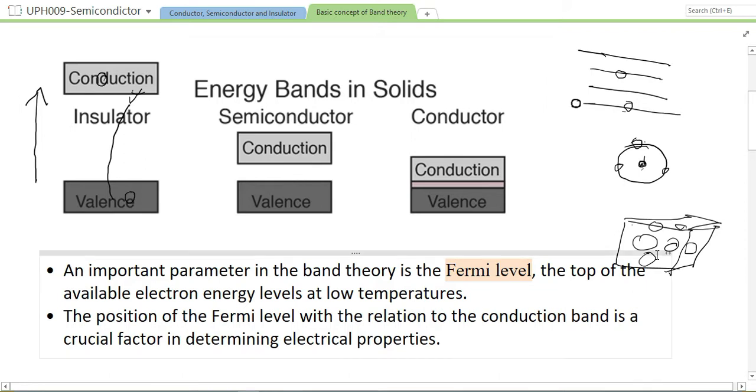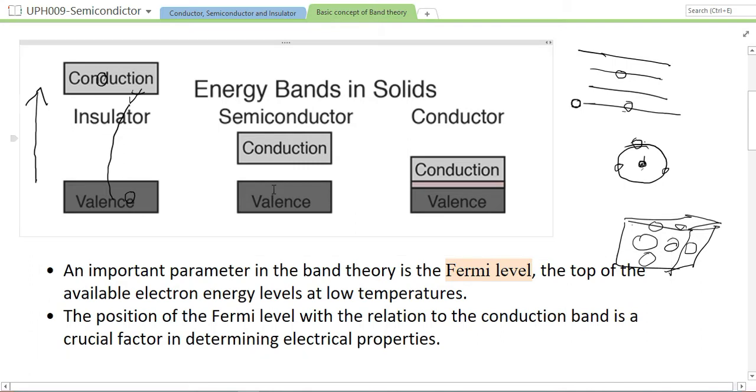So let's say there is a semiconductor material here. It's a pure semiconductor material. So in that case, there is no electron in the conduction band.